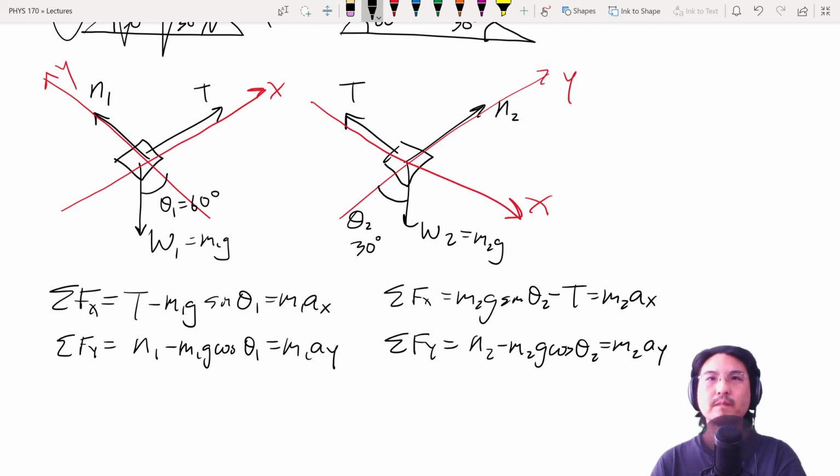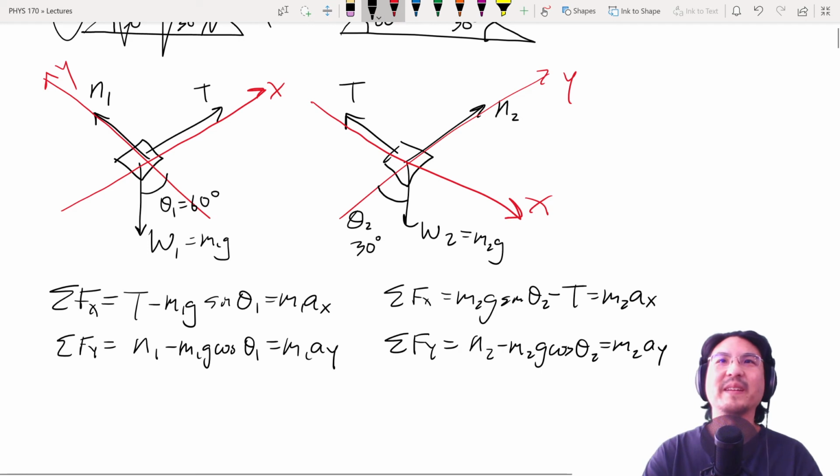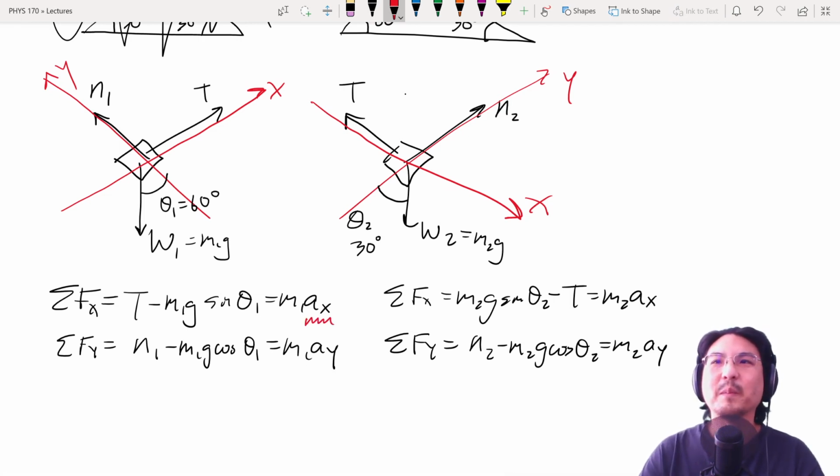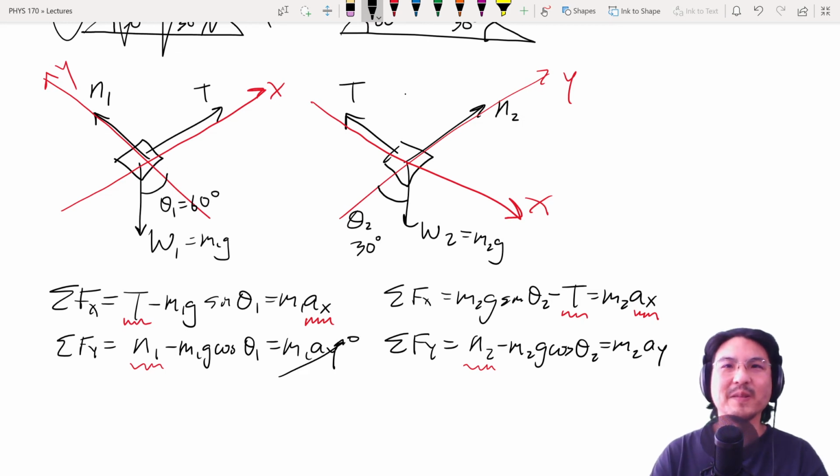And really all I care about is ax, because I want to know, is it sliding in the positive ax or the negative ax? Although I also don't know this or this. And the way I picked my coordinates, there's no motion in y, so that's 0. This is 0.